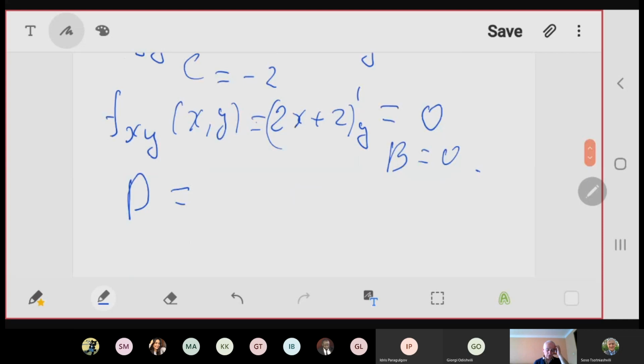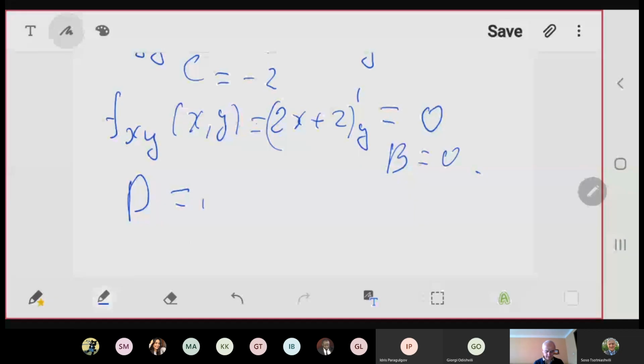Okay, now what is our number D? D is A times C minus B squared. So it's 2 times -2, and it's negative. It just means that this function does not have an extremum.